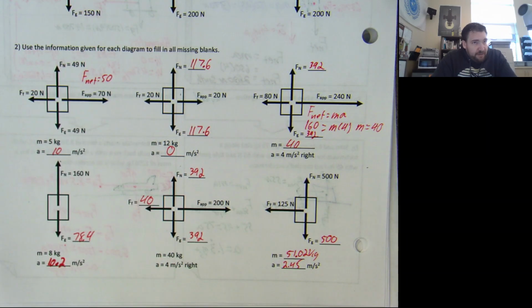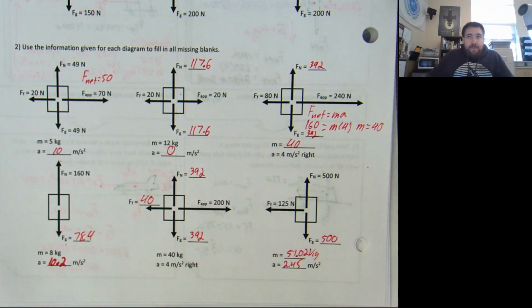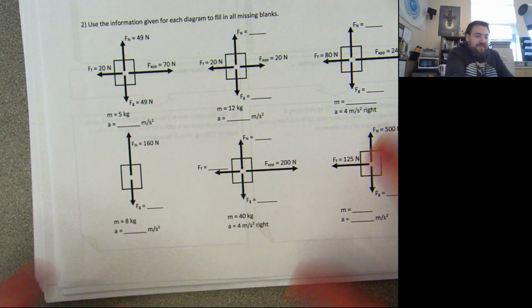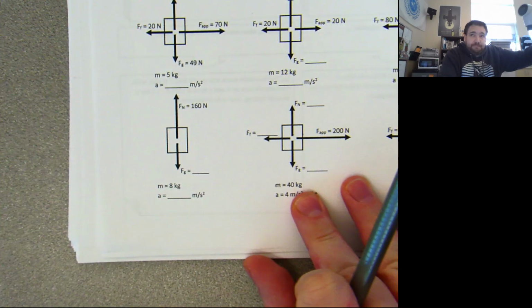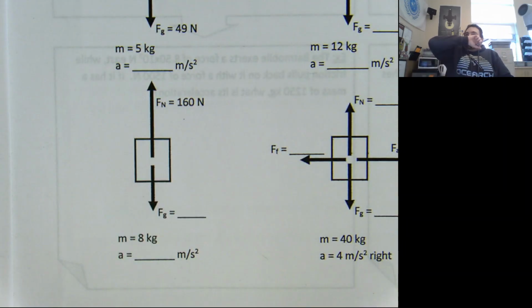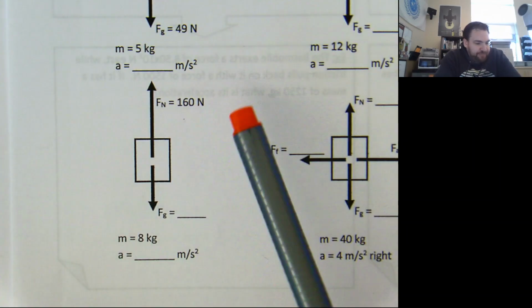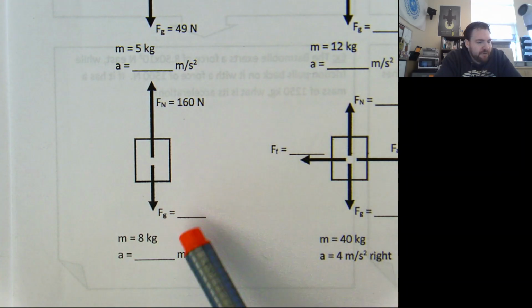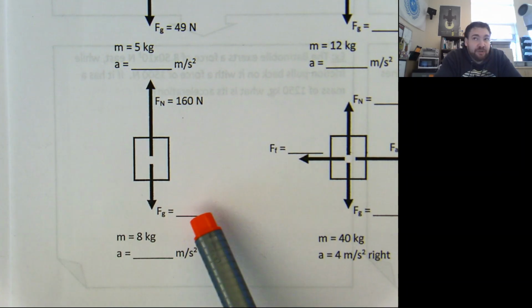Yeah, here it is. The fourth one, this guy? Okay. So if I'm looking at that fourth one, there's 160 normal force upwards, which is weird, and a force of gravity downwards we don't know.